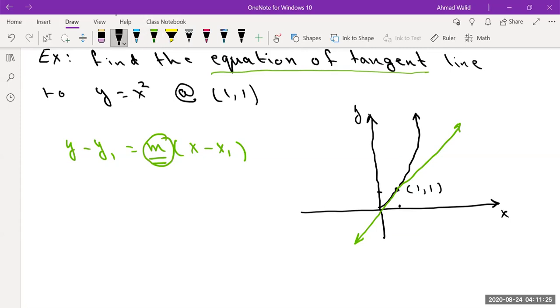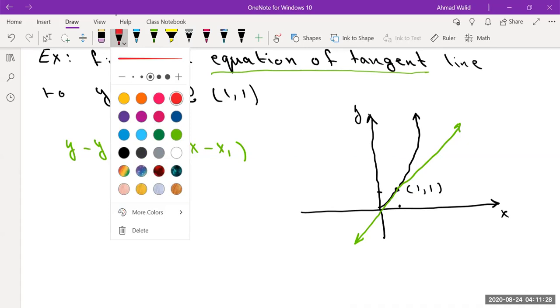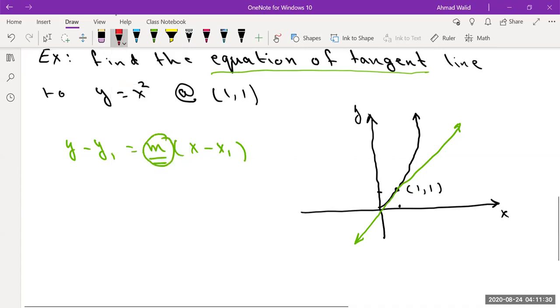To find the slope, I will choose another point on my curve. For example, here. Let's name this point P and this point Q. If I ask you, what are the coordinates of this point? In general, it has an x value on the x-axis, and how much is your y?